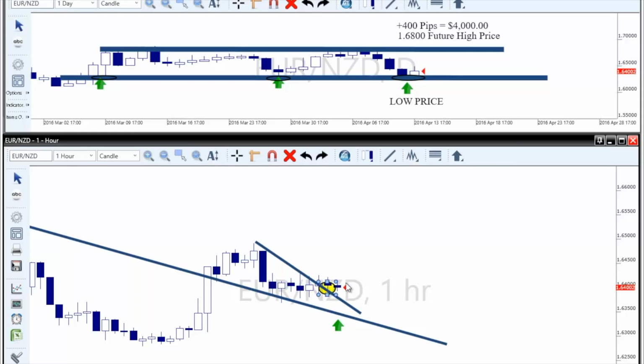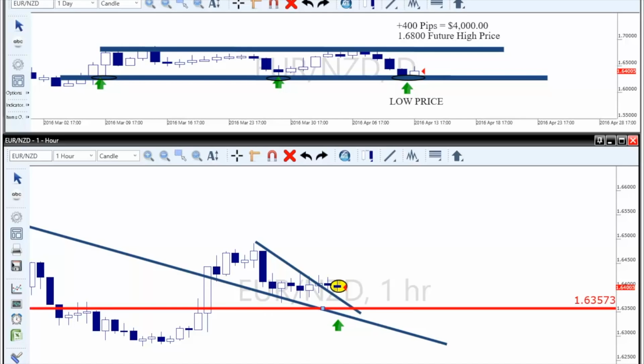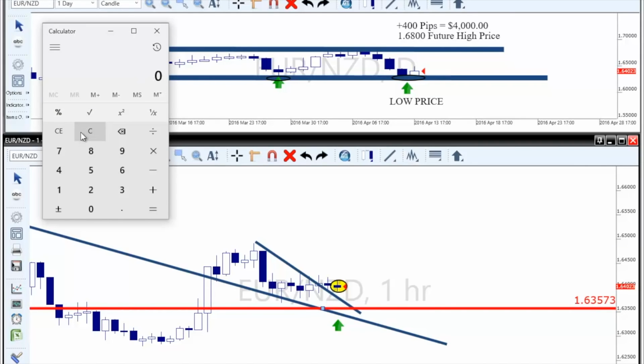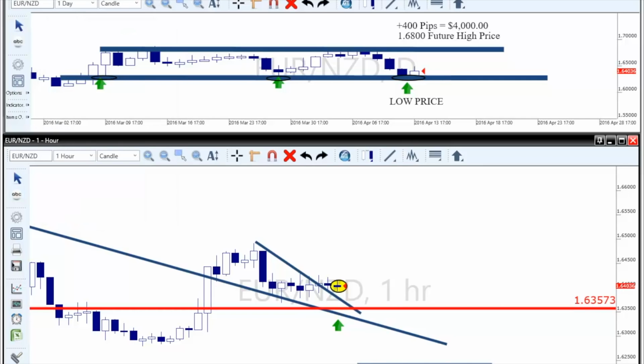I will place my stop 10 pips below the low U-turn, which is going to be 1.6357. Current price point is 1.6402 minus 1.6357. That's a 45 pip risk. Risk is 45 pips. Reward will be 3 times the risk.